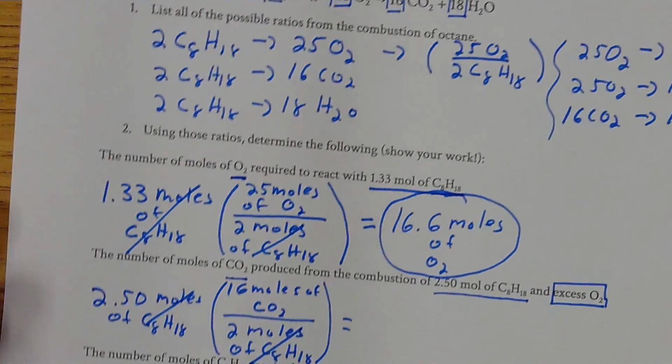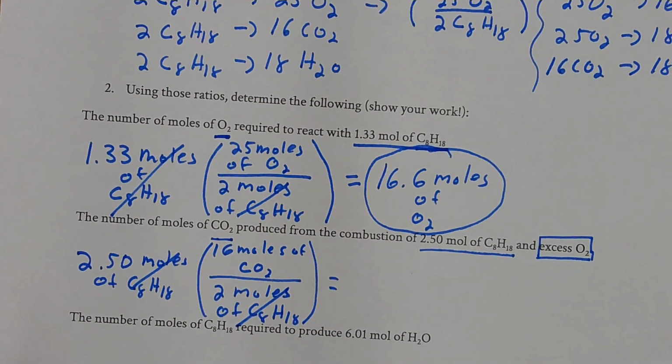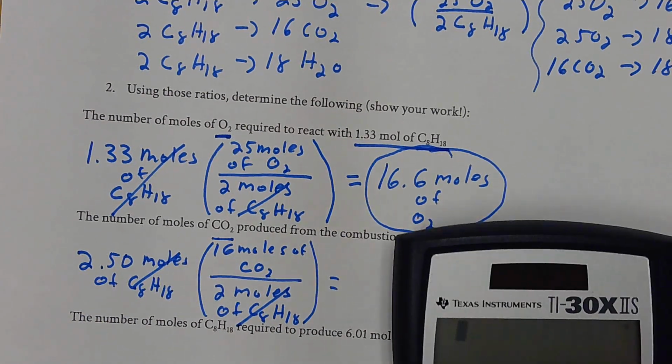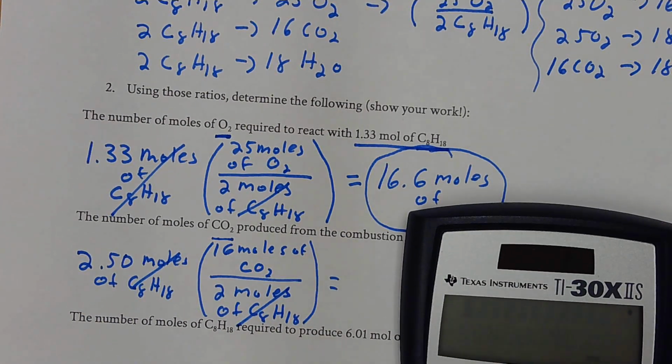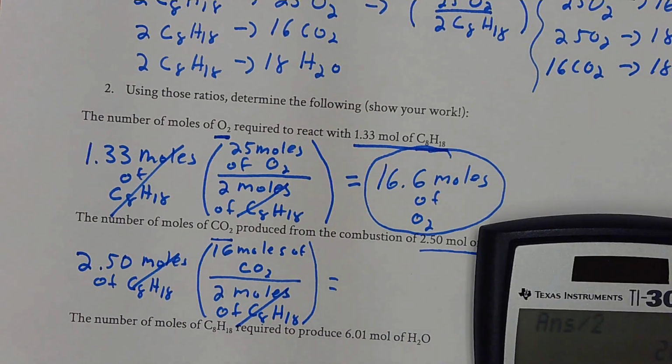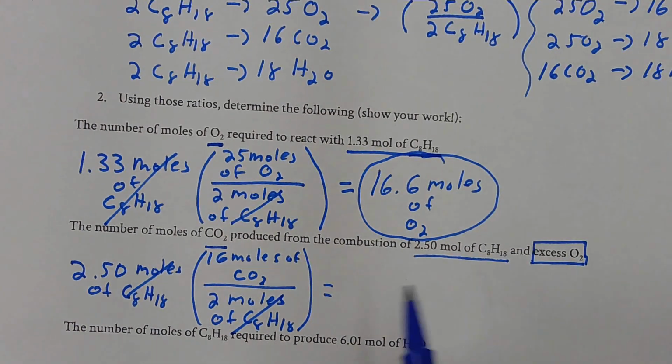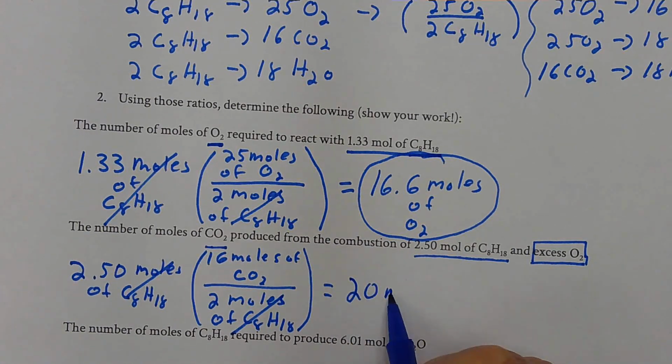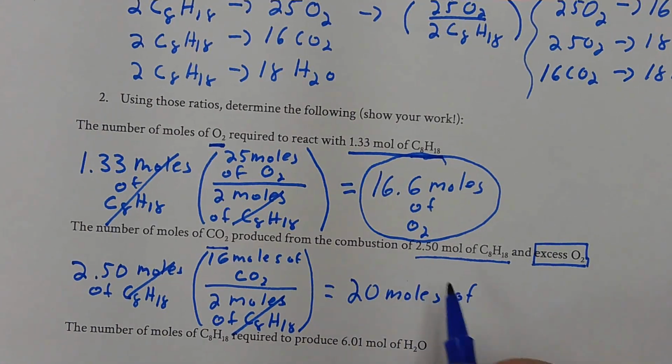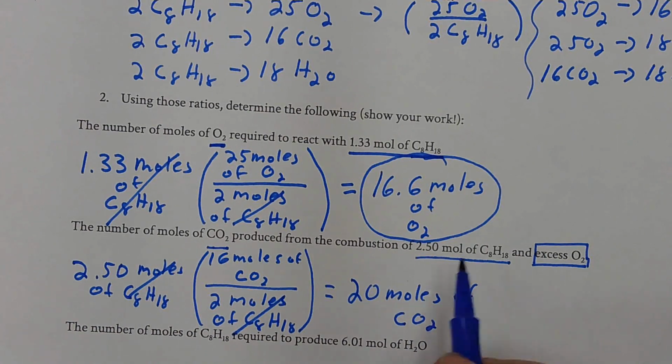So if I do the multiplication, 2.5 times 16 divided by 2, we end up with 20 moles of CO2.